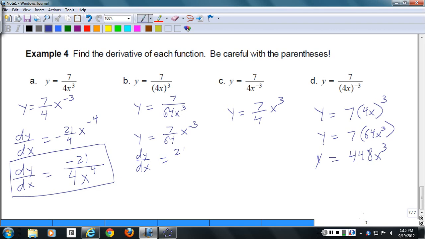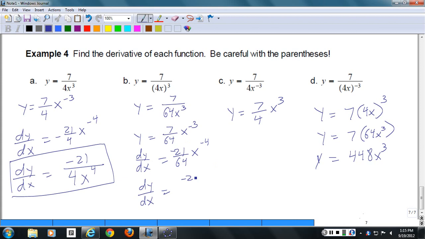equals 21, very similar here, 21/64 x to the negative 4. So dy/dx equals, whoops, I left off the negative, didn't I? So sorry. Negative 21/64 x to the negative 4.